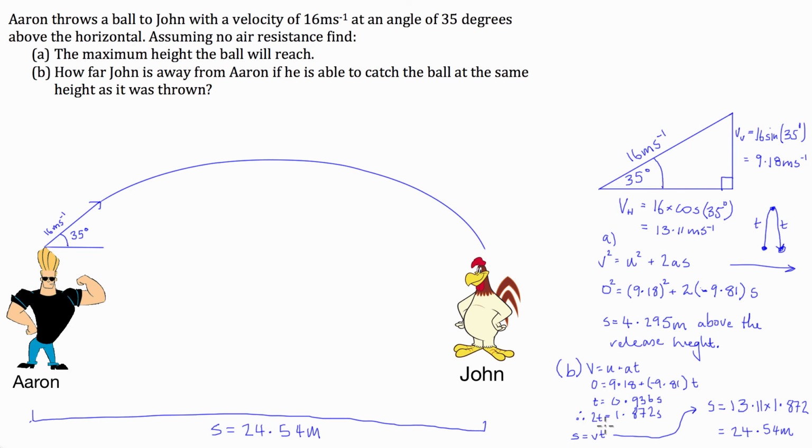We're then able to use this, and the horizontal component of the velocity, which remains the same throughout the ball's motion, to calculate the final distance from the throw to the release.